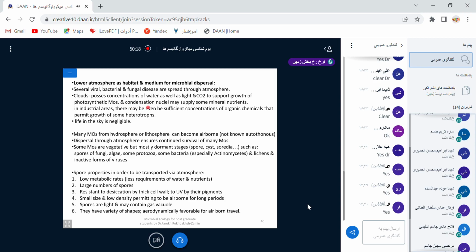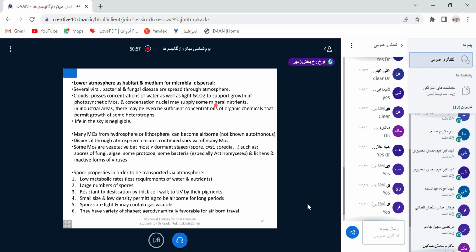There are some condensation nuclei that may supply some mineral nutrients. So for photosynthesis, water, light, and carbon dioxide are all in the atmosphere, and small soil particles in the air are used as the mineral, because photosynthesis needs light, water, carbon dioxide, and minerals.